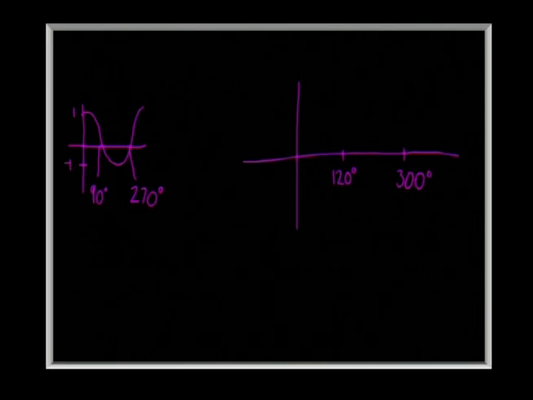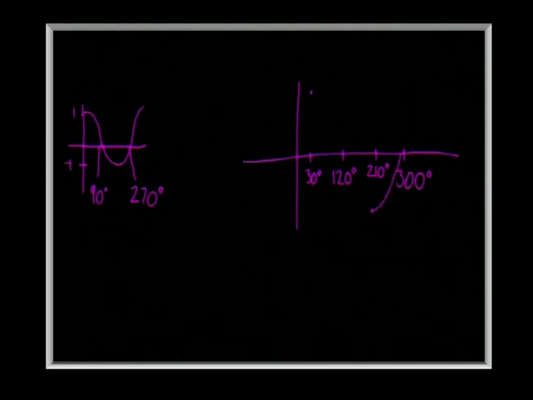Now this also means that our top point is also going to move across to 30 degrees. So our peak is now at 30 degrees, and the lowest point will now move over to 210 degrees. There is our lowest point.